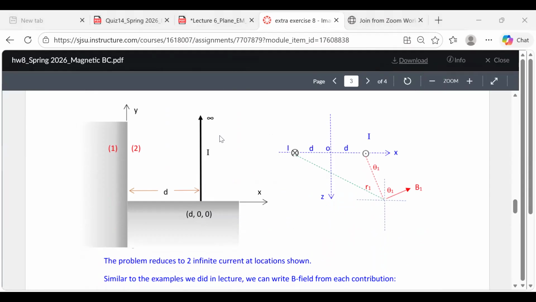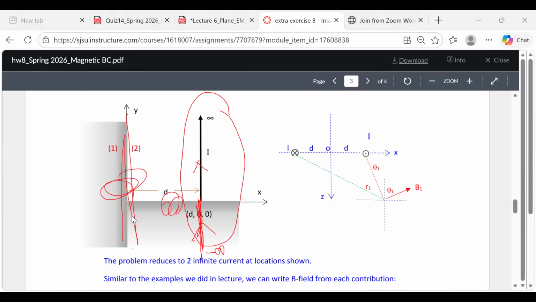We have a semi-infinite wire. Put it on the ground plane. So when I see the ground plane, I think of image current. So I remove this ground plane, then this would have an image current to minus infinity. What's the direction of the current? It's perpendicular, so they're going in the same direction. In other words, I can replace all this with just infinite current in front of one ground plane.